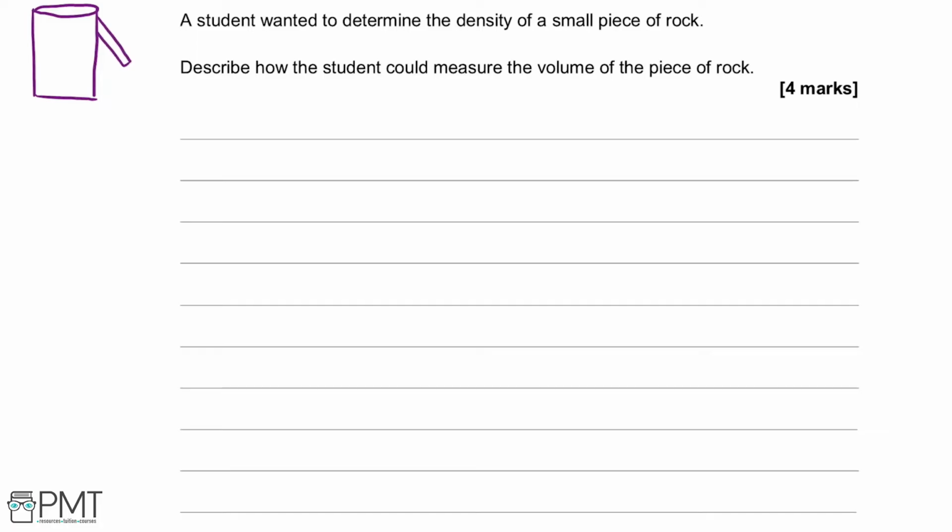And basically what happens is you fill this up with liquid to the point just below the spout, or just at the level of the spout. You then drop in the rock in this case, and that displaces the water above the spout, so it comes out the spout, and then you can collect it in a measuring can here.